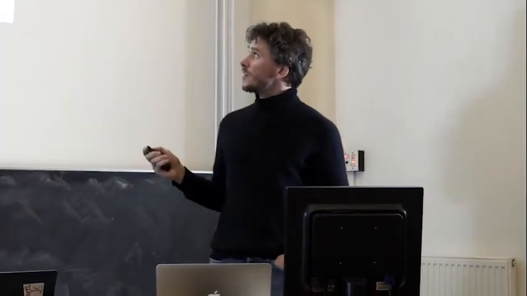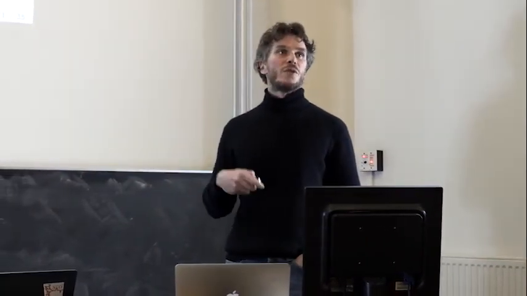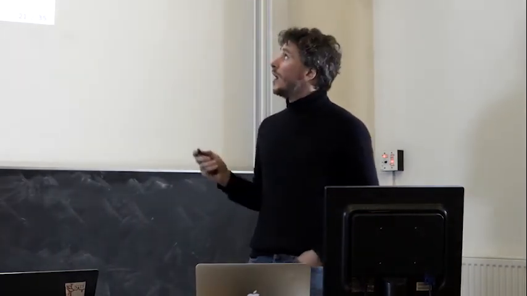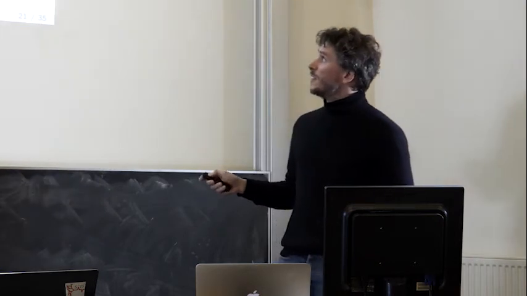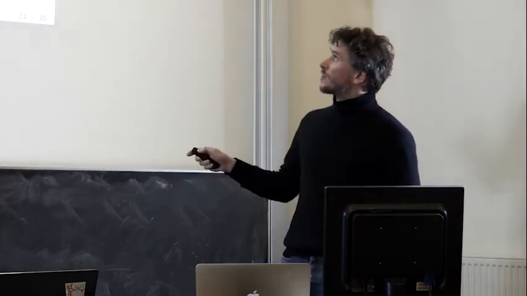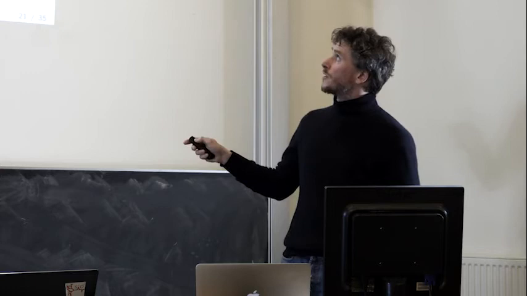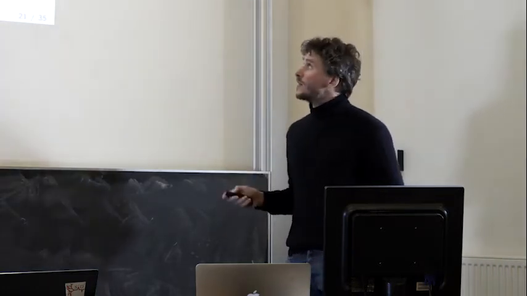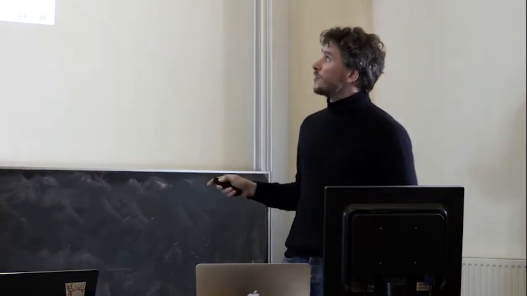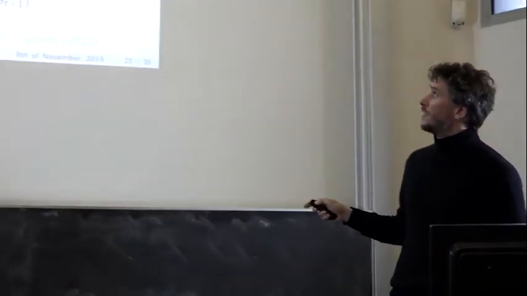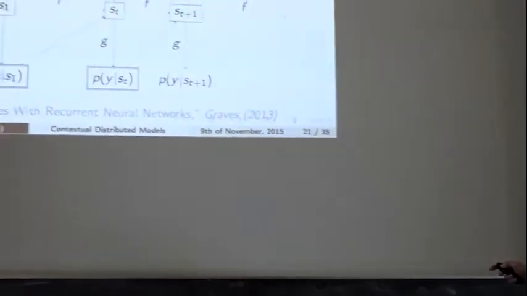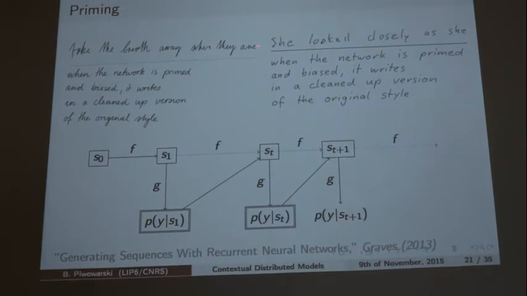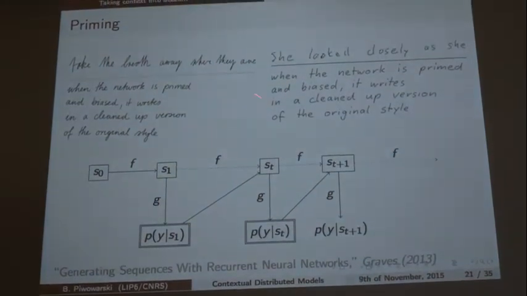So it's exactly the model you had, where the position of the pencil is given as a mixture of Gaussians. And then what he did is basically use a priming sequence. The priming sequence is the first one in the two examples at the top of the slide. This sequence is used in order to set the state S_T, which is the last state which generated the final E, for example here, they are.